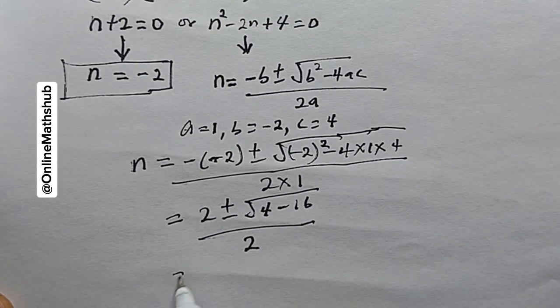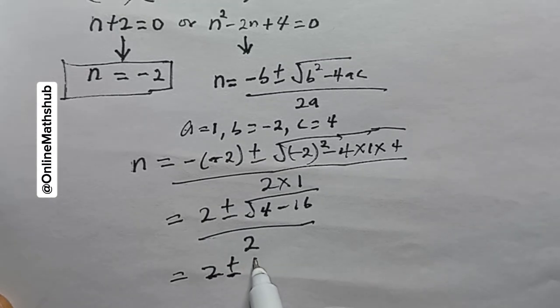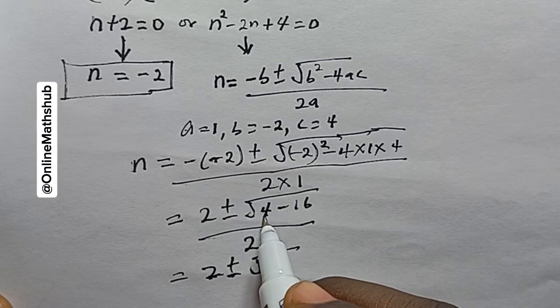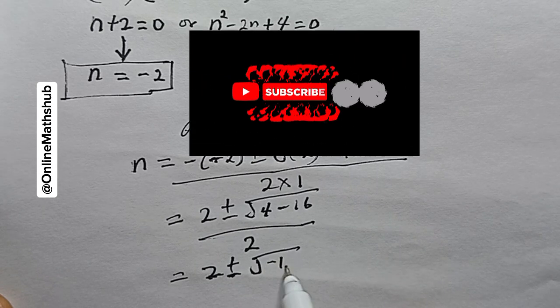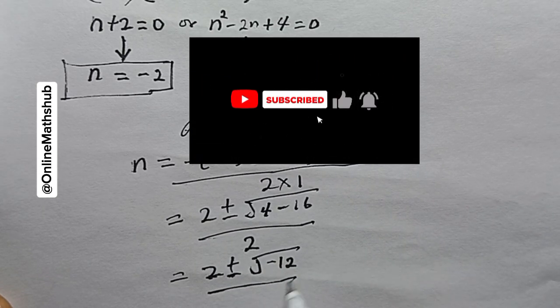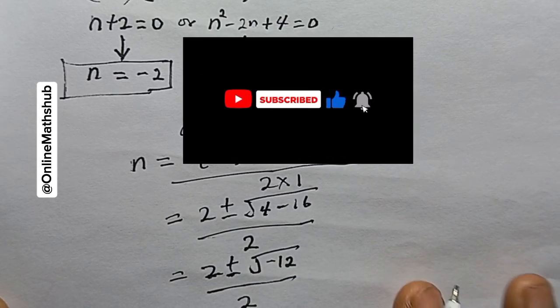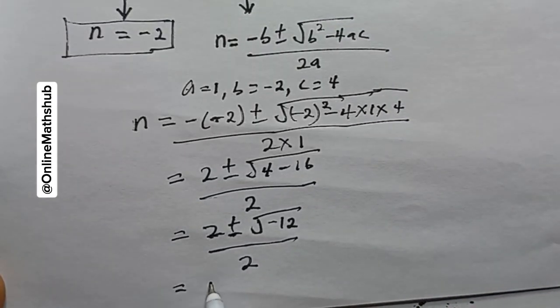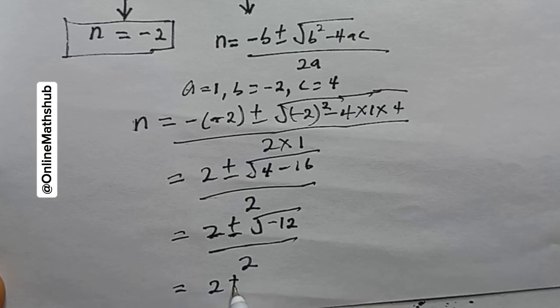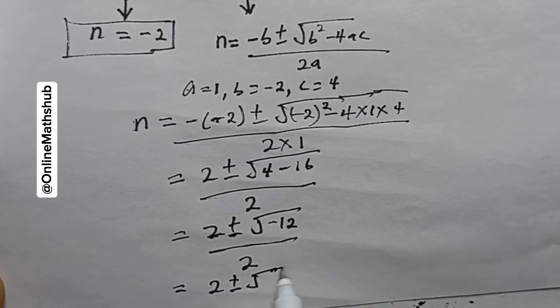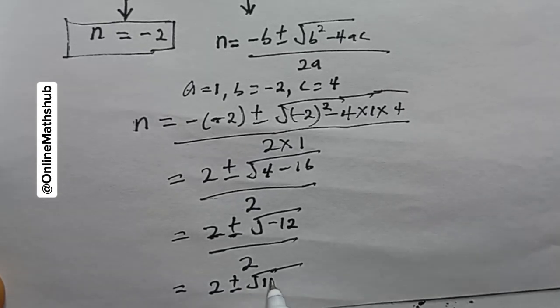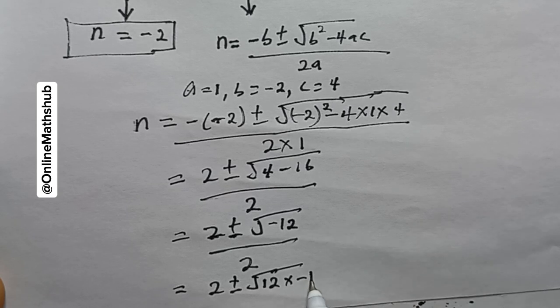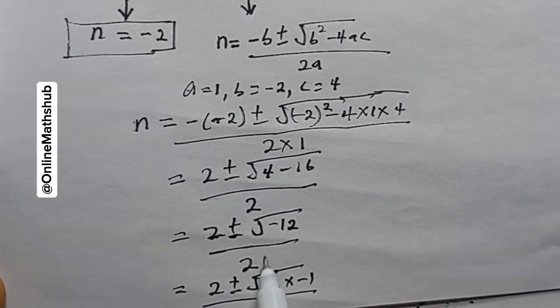Eventually what we have is 2 plus or minus root of 4 minus 16, which is minus 12, all divided by 2. Then we can go ahead and simplify this minus 12 as 12 times minus 1, all of this divided by 2.